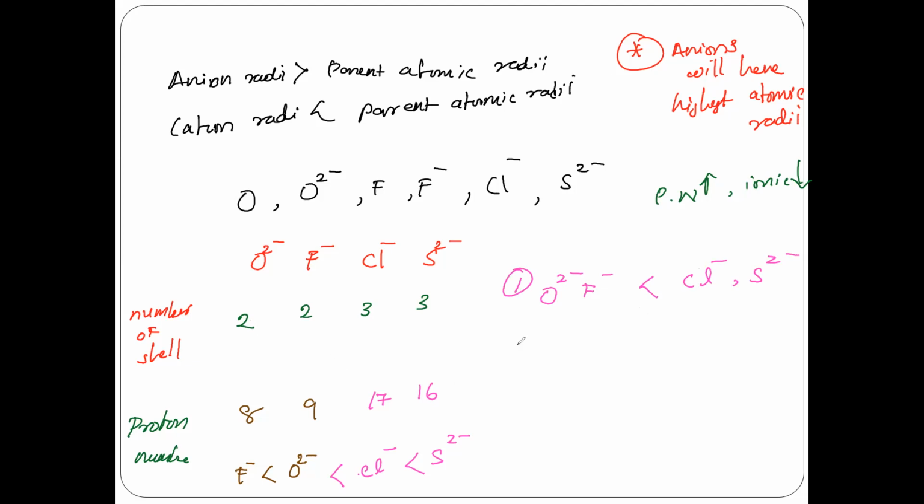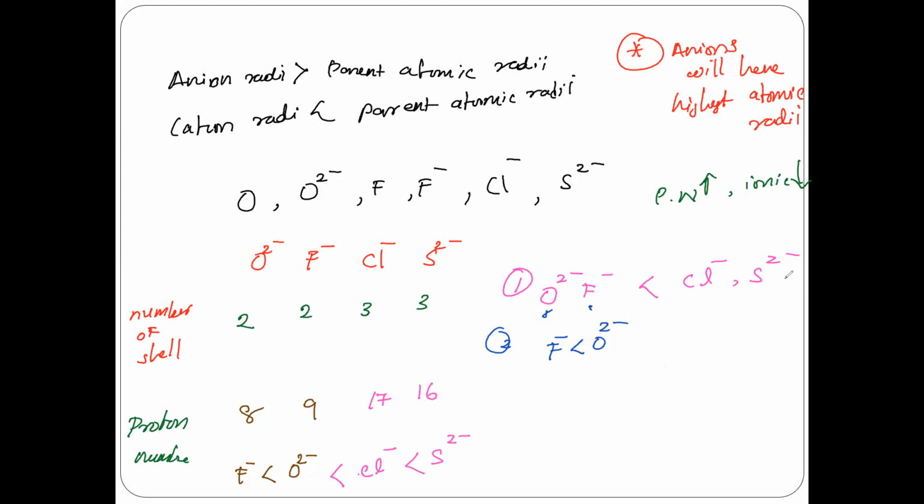Second, I have checked the proton number. Oxygen is 8, fluorine is 9. The higher the proton number, the ionic radii will be decreased. Therefore, F minus is smaller, and this is O2 minus.